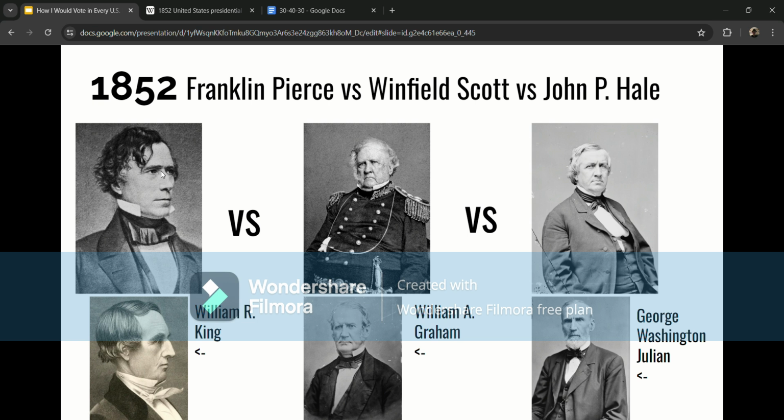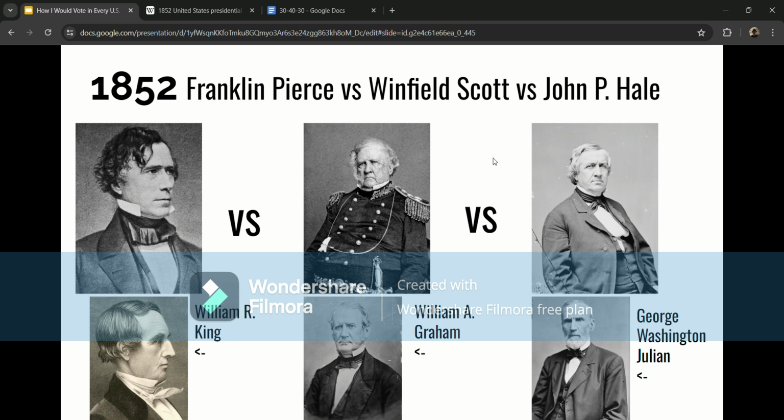Pretty much is like, yeah, I don't really like slavery, but there's not too much to be done about it. He was just kind of like standing there, not really giving much of any big time solution to the problem. So I don't like Franklin Pierce, but he might be the better candidate compared to his opponent, which was Winfield Scott.